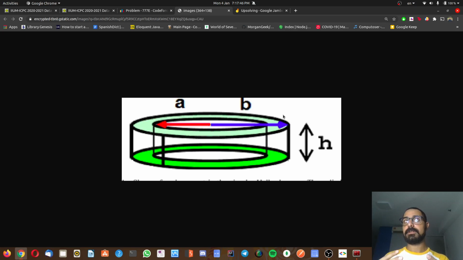The height of the first one plus the height of the second one is the new height, but the inner radius will be the smallest between them. So if I have one with this radius, and one with some smaller radius, I will take the one with the smallest radius. Why? Because this makes sense. I can place the one with the biggest radius first, and then the one with the smallest radius on top.